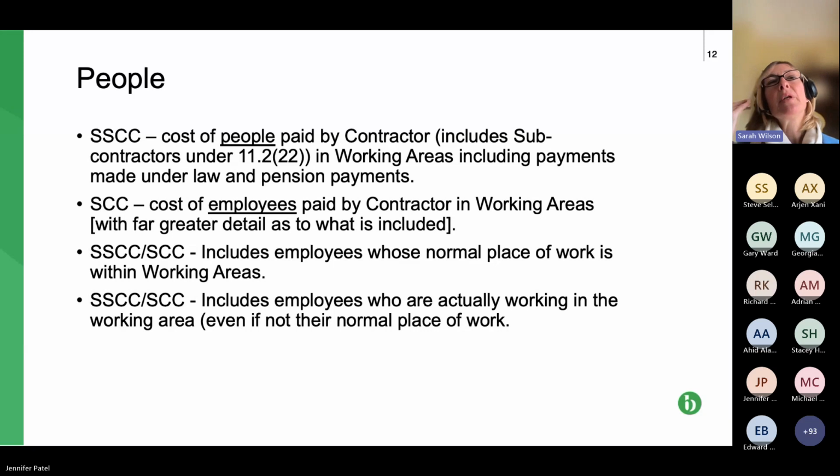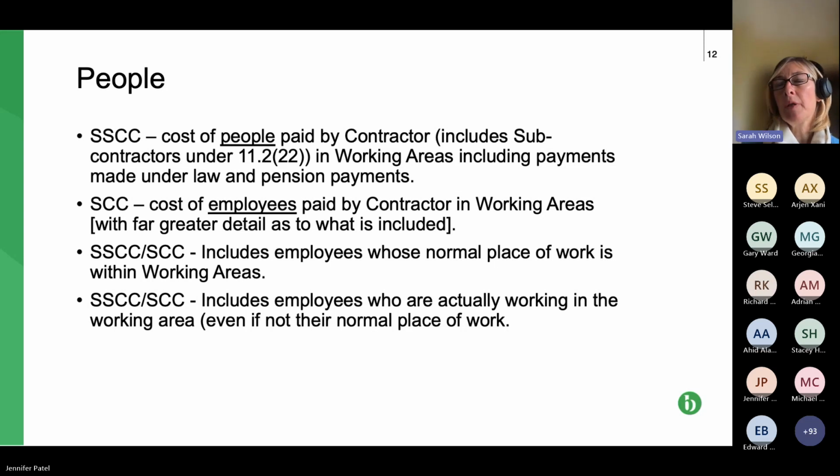So the next bullet point down covers both the shorter schedule and the schedule, and it allows contractors and subcontractors to include employees whose normal place of work is within the working areas, albeit that the work they're doing that's being claimed might not be being done in the working areas. So hopefully you're seeing here that the working areas is quite an important definition.